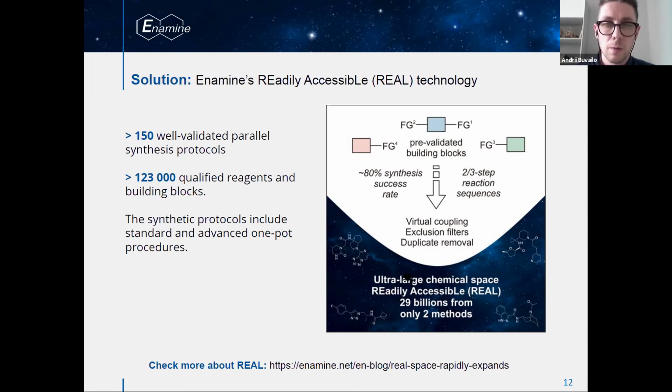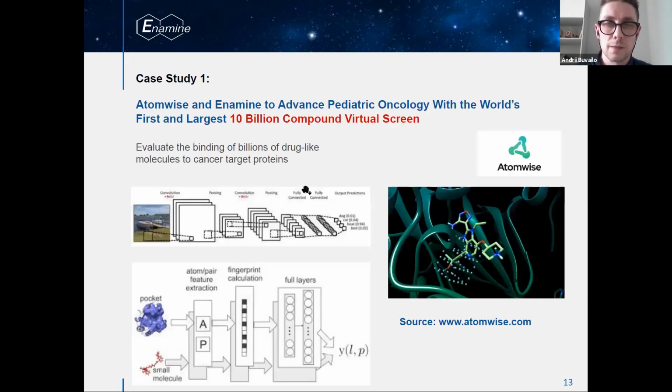This is the strategy to minimize the risk of synthesizability, and considering that the REAL space now is as large as around 30 billion molecules, it means that large-scale computational experiments can be run on this data, with the backup from Enamine that compounds can actually be synthesized, rapidly tested, and validated in the relevant assays.